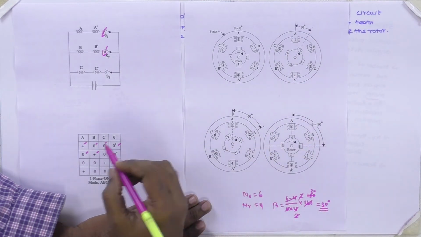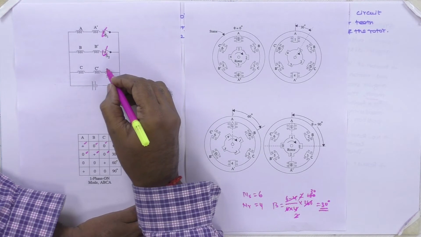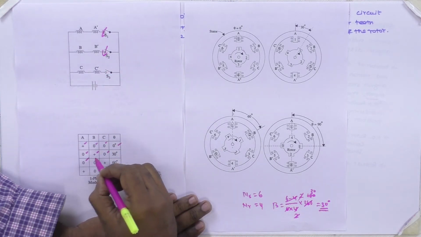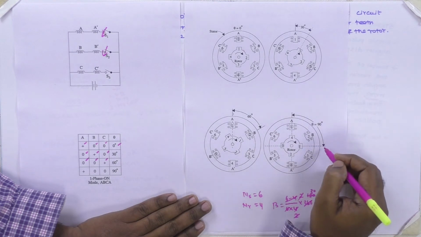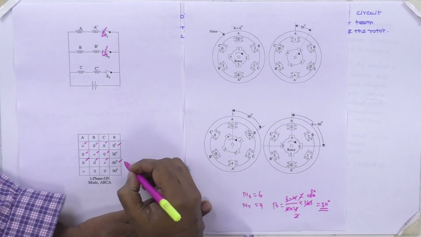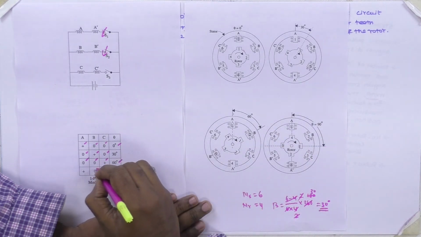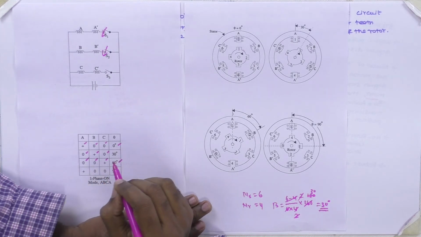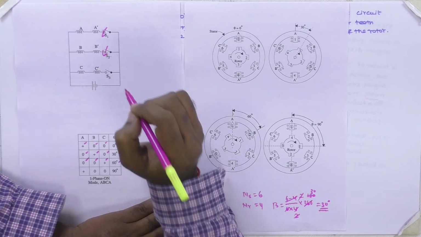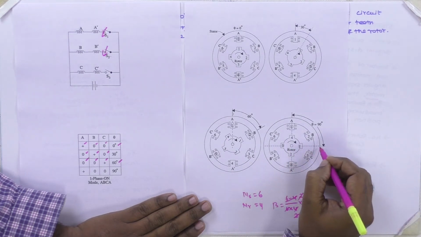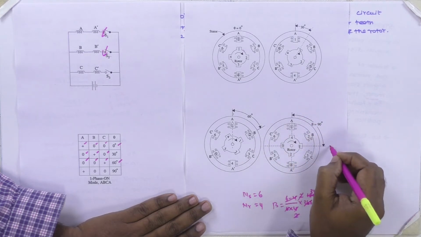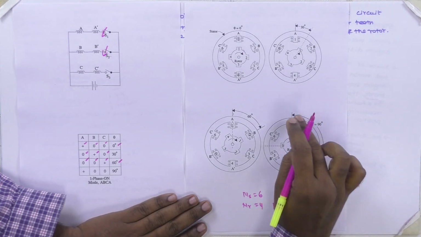And the next pulse is given to C dash, then A is 0, B is 0, C is plus, and the angle of rotation is 60 degree. And again A is energized, B and C are open, that means switches S2 and S3 are opened. Again it is aligned to 1 and 3 with 90 degree, that means 3 steps.